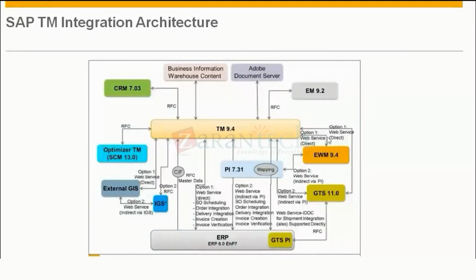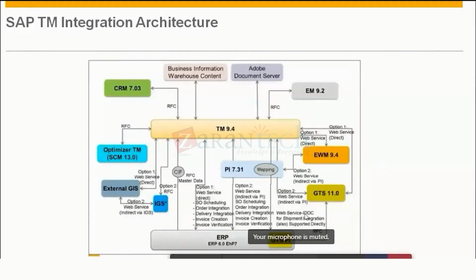So you see that there is a direct web service. In case you're using an embedded part, you can use a web service or a PI basically also to set up the transfer of data between TM and EWM and vice versa. So if you are using S4HANA, you should use SOA Manager as the point-to-point or direct communication between both the systems.